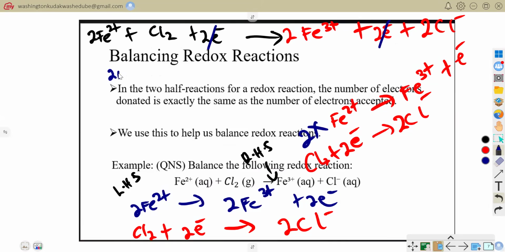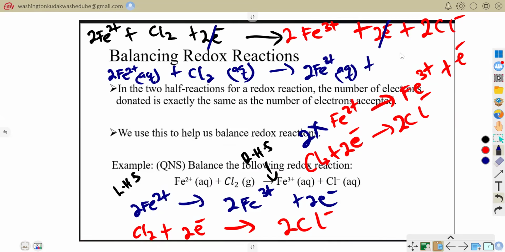So it will now come to be 2 Fe2+, which is aqueous, reacting with chlorine. Also here it will be aqueous. And then we get to form 2 Fe3+, which is aqueous, plus 2 chloride ions, which are just in aqueous. So we now have got a balanced what? Redox reaction.